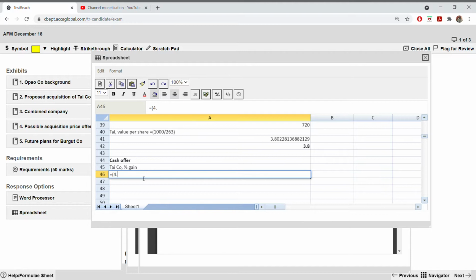It is 4.4 minus 3.8. You can write it, or just click the cell, divide by 3.8. You're not getting it, so just write simply 4.4 minus 3.8, divide by 3.8. Okay, so you are getting 15. This is what you are getting.